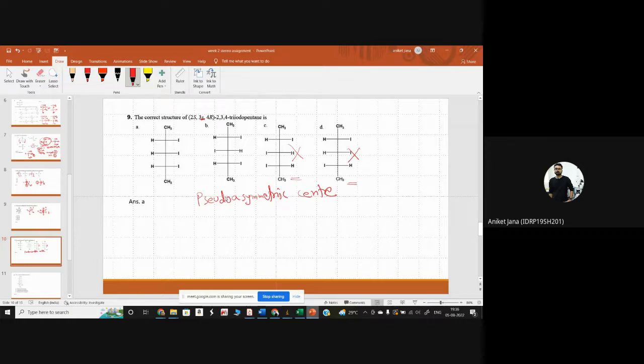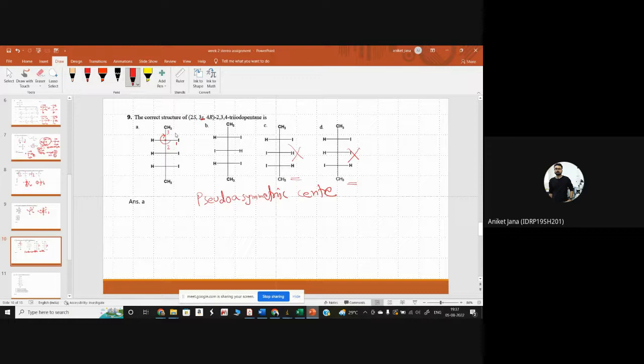Okay, so let's start our discussion. Which one is the correct option? That is 2s. If we start from compound one, with this center, which one is of the highest priority? Iodine. Then second carbon, downward carbon, then methyl, second carbon, and third methyl, topmost carbon.